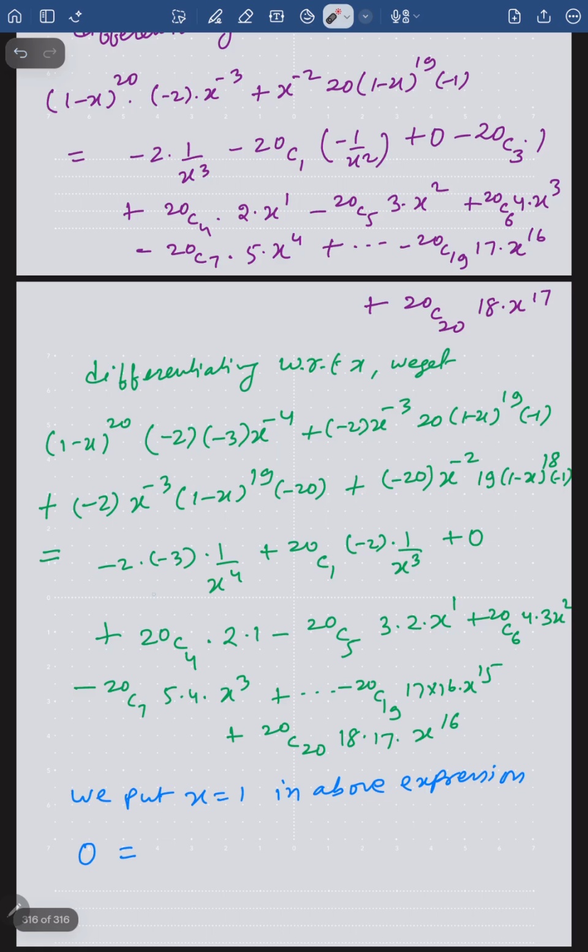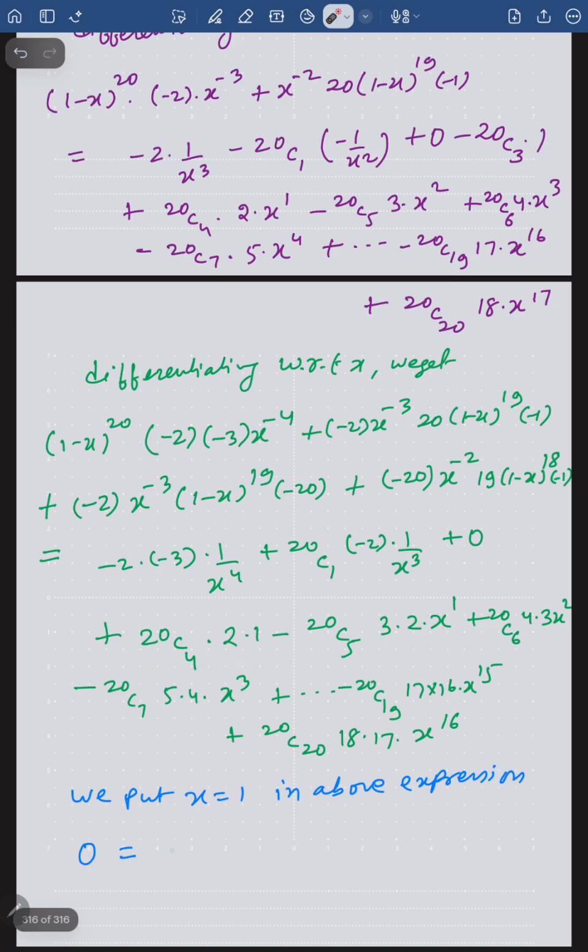Now come to the right hand side. Right hand side, if we are putting 1 by 1, this is 1, so this will give you plus 6. This will give you accordingly minus 2 into 20c1 into 1, that is 20 into minus 2, minus 40, like that, and accordingly this will come here. So let us see.